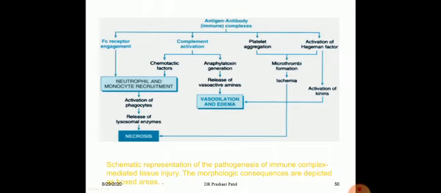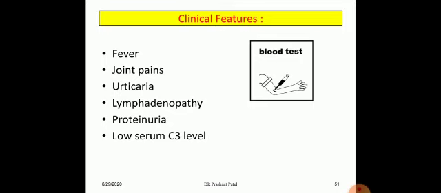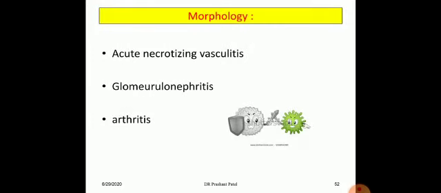Ultimately, all these mechanisms lead to vasodilation, edema, tissue damage or necrosis at the site of deposition. This is the mechanism of type 3 hypersensitivity reaction. Clinical features include fever, joint pain, urticaria, lymphadenopathy, proteinuria, and low serum C3 level. Morphology includes acute necrotizing vasculitis, glomerulonephritis, and arthritis.